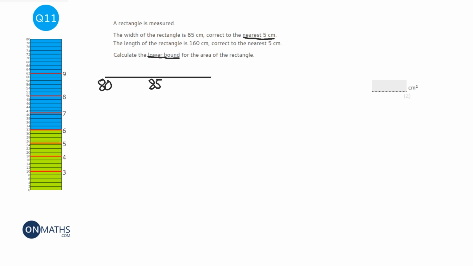Now, the next thing is to work out what the cutoff point was. Why was it rounded to 85 and not 80? At what point did it need to be higher then? Well, the point at which it needs to be higher is halfway between the two, which is 82.5. So that's our lower bound for the 85.